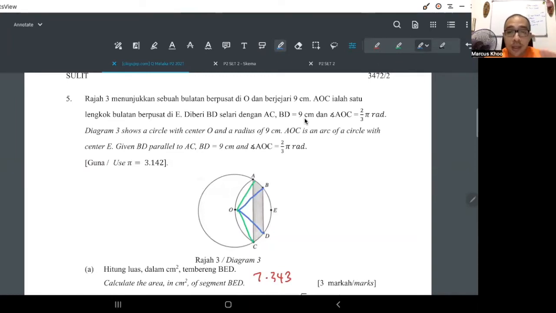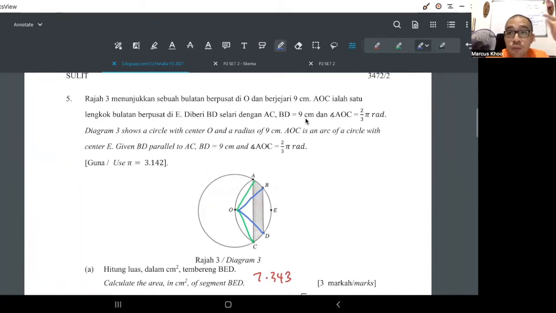Now, this is where it gets interesting. AOC is an arc of a circle with the center E. Given that BD is parallel to AC, and BD is 9 cm, but they never give you AC. And the angle of AOC is 2/3 pi radian. You can leave your answer in pi.